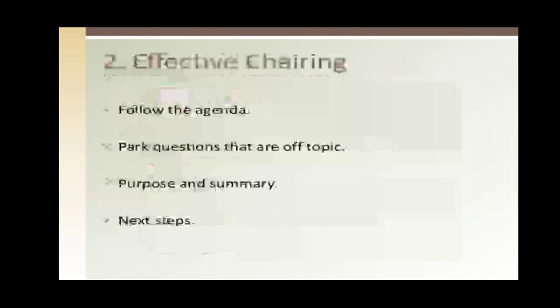Sometimes some team members ask questions out of the topic, so you have to make sure you follow all these things under the purpose and the other summaries. These are the four steps that you have to follow during your meeting time.